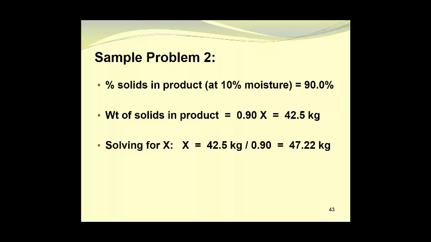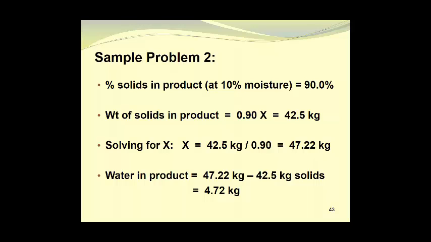Solving for X, we find that X is equal to 42.5 kilograms divided by 0.90, and that is equal to 47.22 kilograms. The water in the product will then be equal to the weight of the product, 47.22 kilograms, minus the weight of solids, 42.5 kilograms, which leaves us with 4.72 kilograms of water in the final product from this drying run.